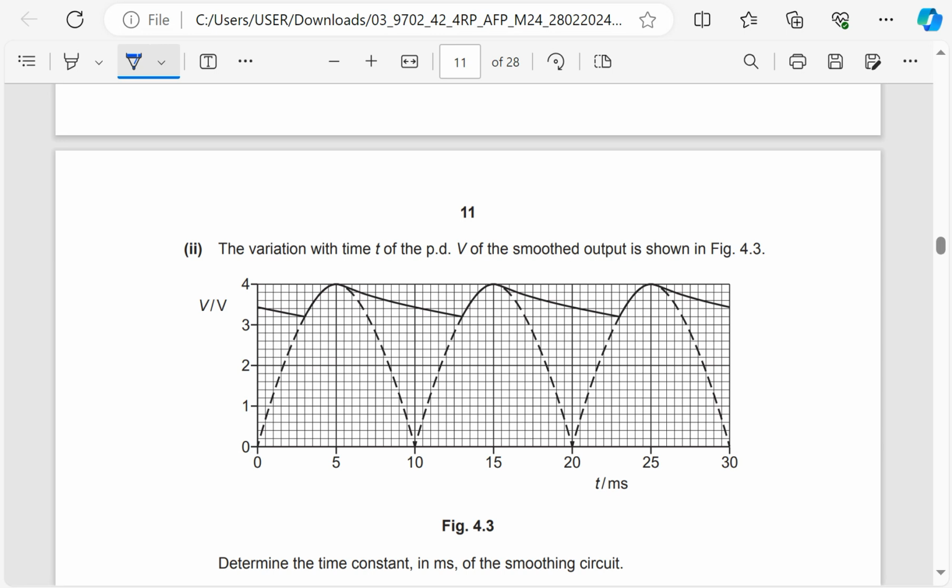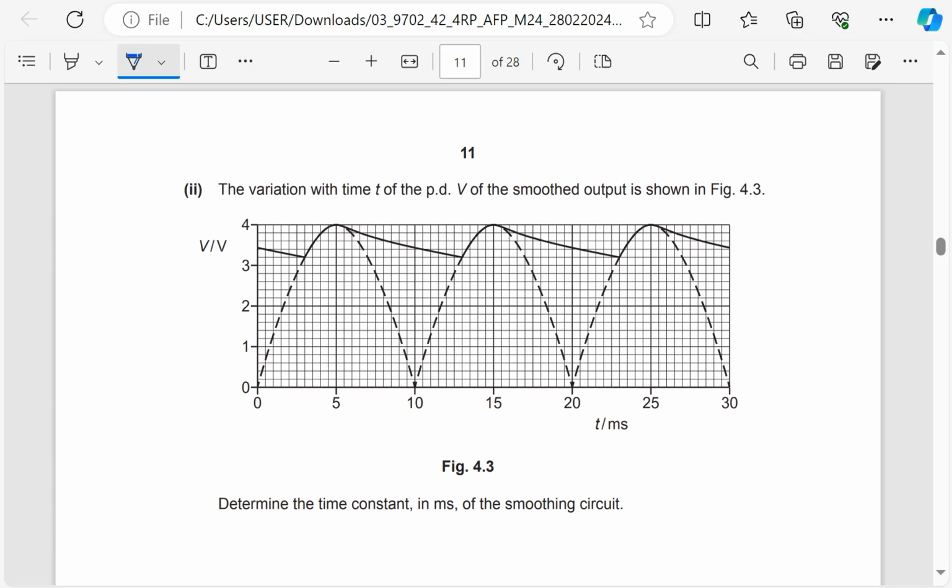The variation with time of the PD of the smoothed output is shown in the figure. So we start with 4, this is V naught. Then it is smoothed up to this point. The scale is 1/5, which is 0.2, so this is going to be 3.2 volts. This is going to be V after discharge. Then the time of discharge, if we start from 5, discharge is stopping here.